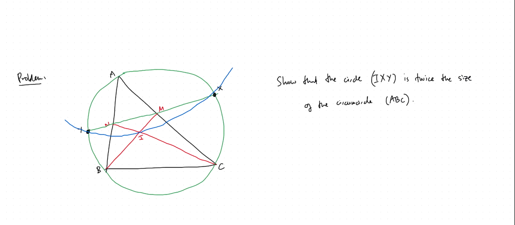Maybe, but I don't think it is so easy, because points X and Y are defined in such a way that they are on the line MN, the intersection of the line MN with the circle. So really, in order to get anything about the line XI or line YI, you need to have a lot more information about the point X.